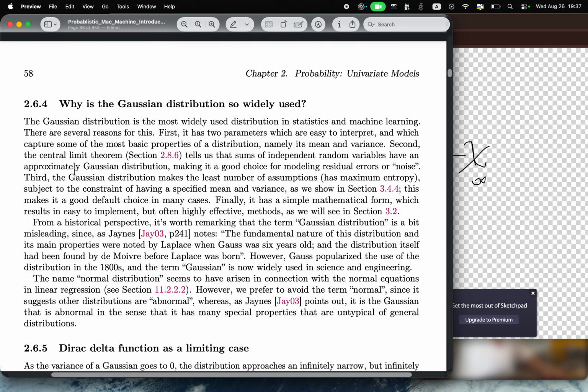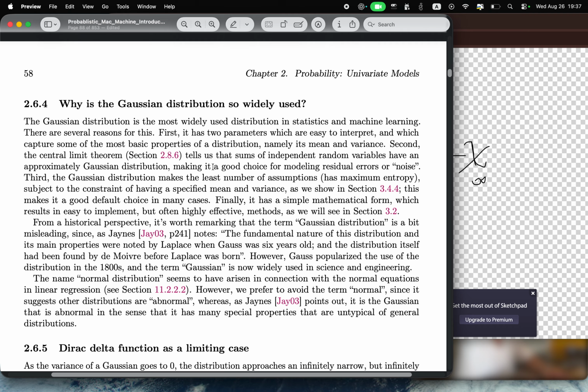So why is the Gaussian distribution so widely used? The Gaussian distribution is the most widely used distribution in statistics and machine learning. There are several reasons for this. First, it has two parameters which are easy to interpret and which capture some of the most basic properties of a distribution, namely its mean and variance.